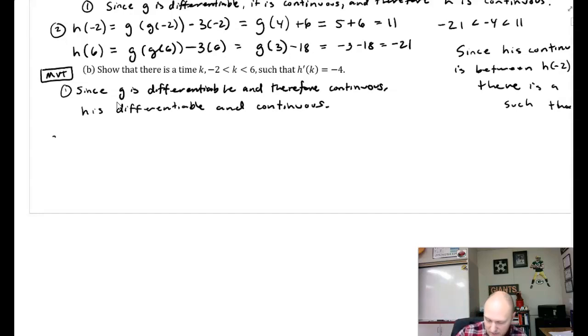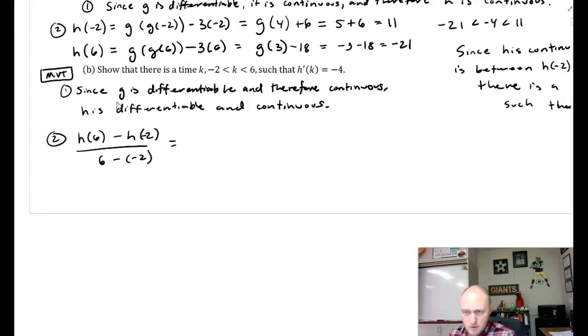Now, what I do need to show here is that the average rate of change, h of 6 minus h of negative 2 over 6 minus negative 2, is equal to the value that they want. Now, I'm keeping my fingers crossed. I'm using these exact values.